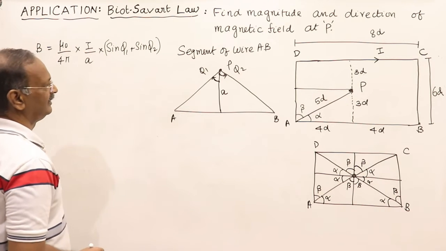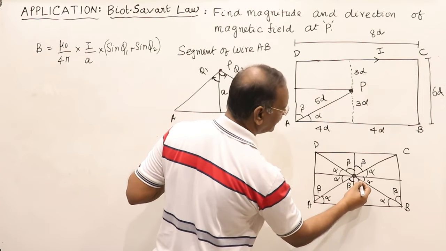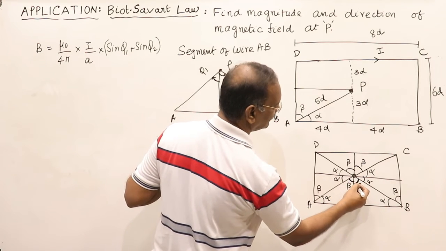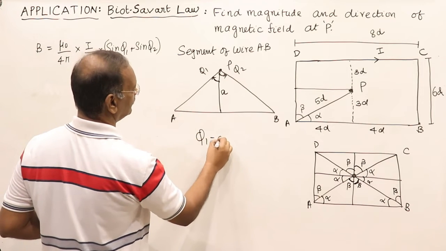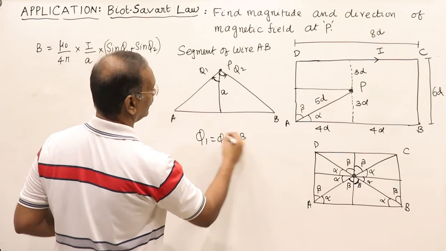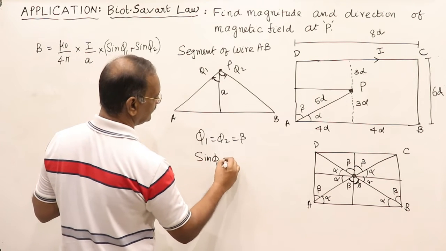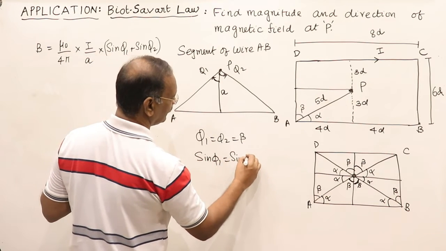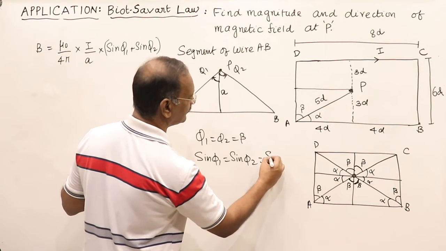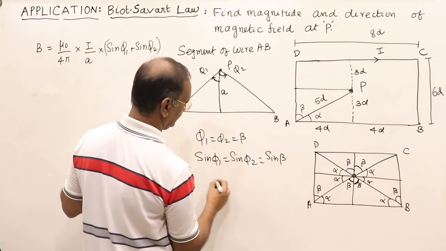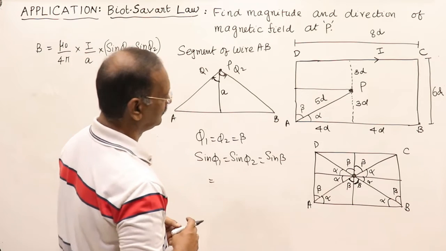What is phi 1? Phi 1 is equal to this angle, beta. Therefore, since phi 1 is equal to phi 2 is equal to beta, sine of phi 1 is equal to sine of phi 2 is equal to sine of beta. What is sine of beta? Sine of beta is equal to 4 by 5.